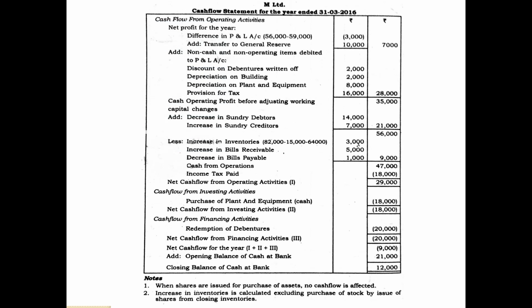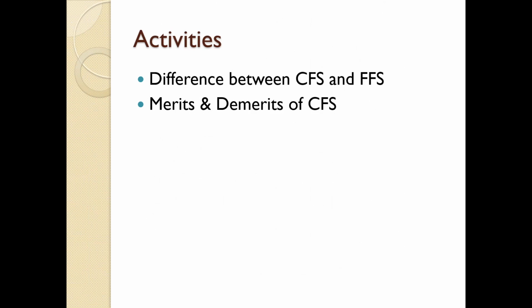Since we have done almost all the cases in the fund flow statement, we are not going to repeat the same pattern here. Try to work out all the questions, and if you have any issues or queries, please let me know. And apart from all these items, just go through the text and identify and understand the difference between cash flow statement and fund flow statement.